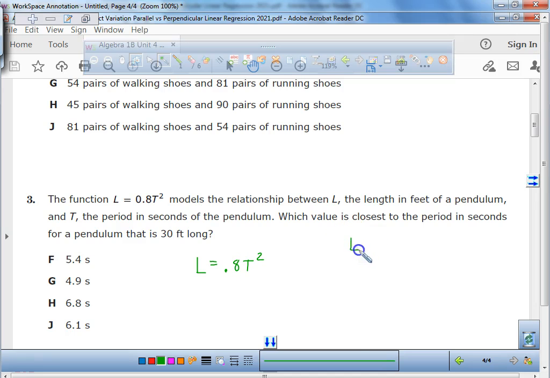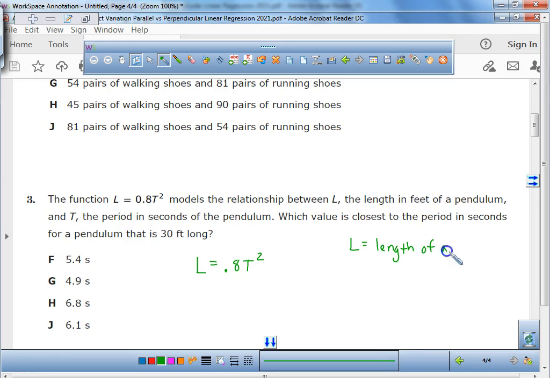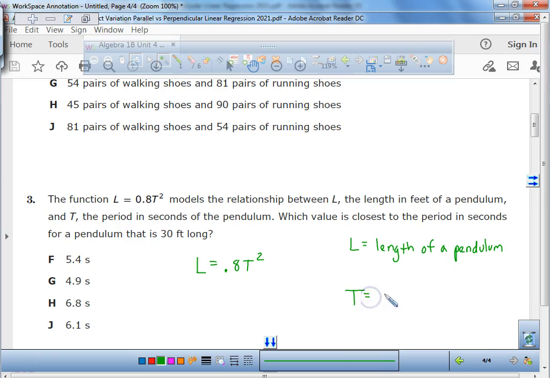But next to it, could you please put L equals the length, not leg, length of a pendulum. And T represents the time of the period.